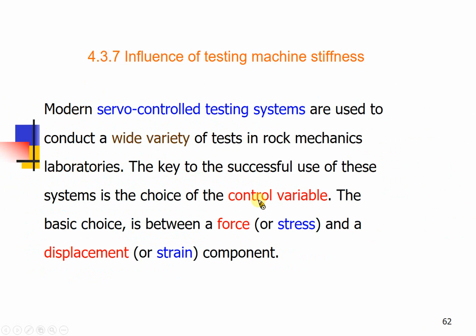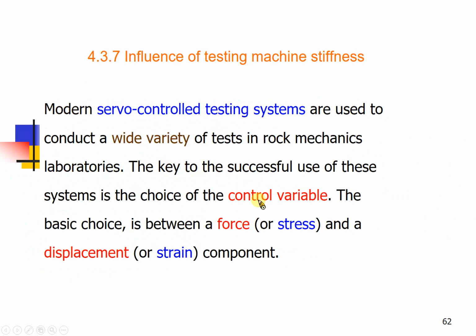Okay, I already mentioned this to you. The servo control can be done using different control variables. So it depends on which control variable you want to have. You can control via force and you can control via displacement. It depends on how familiar you are with the rocks.